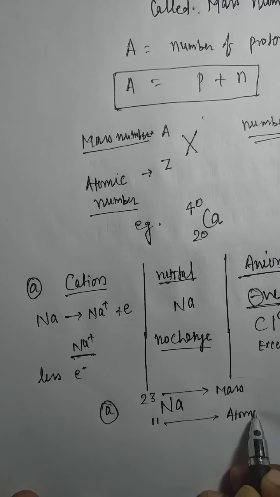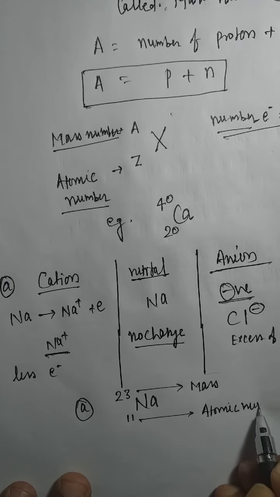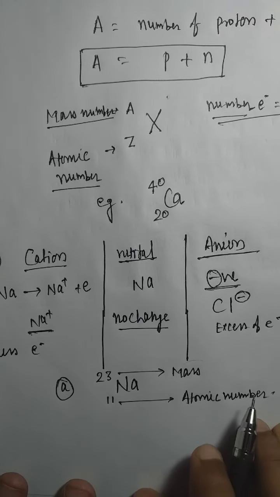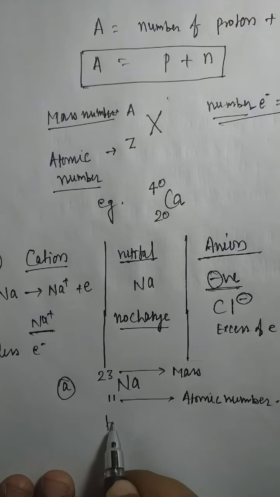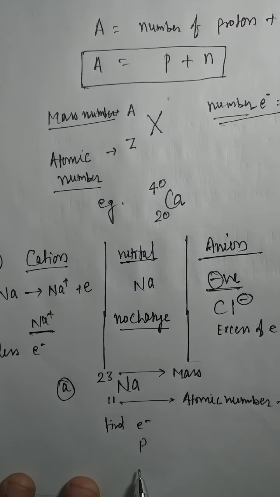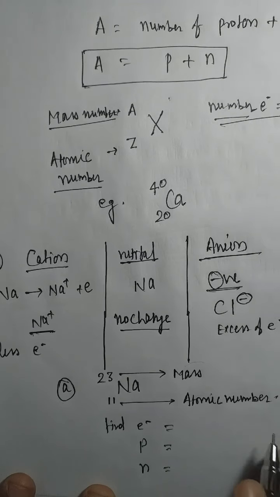I think all are aware of this atomic number, right? So the question demands that we find the number of electrons, protons and neutrons.